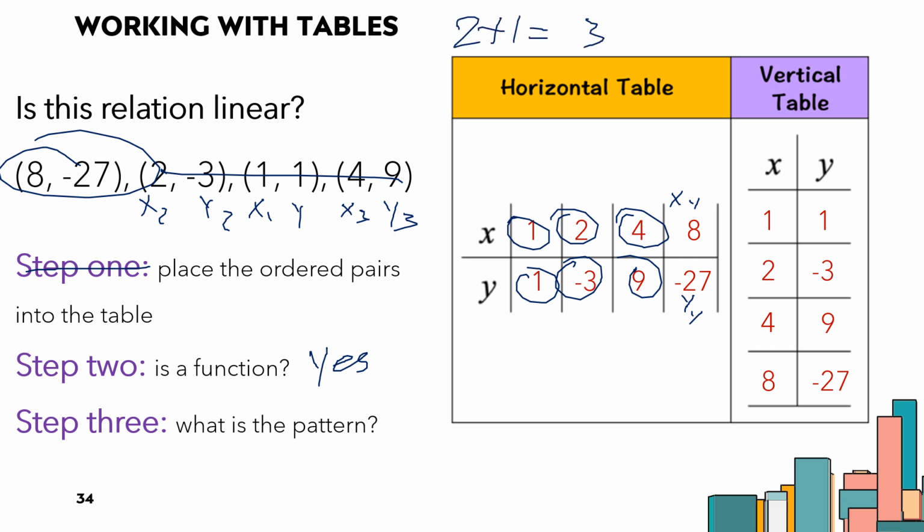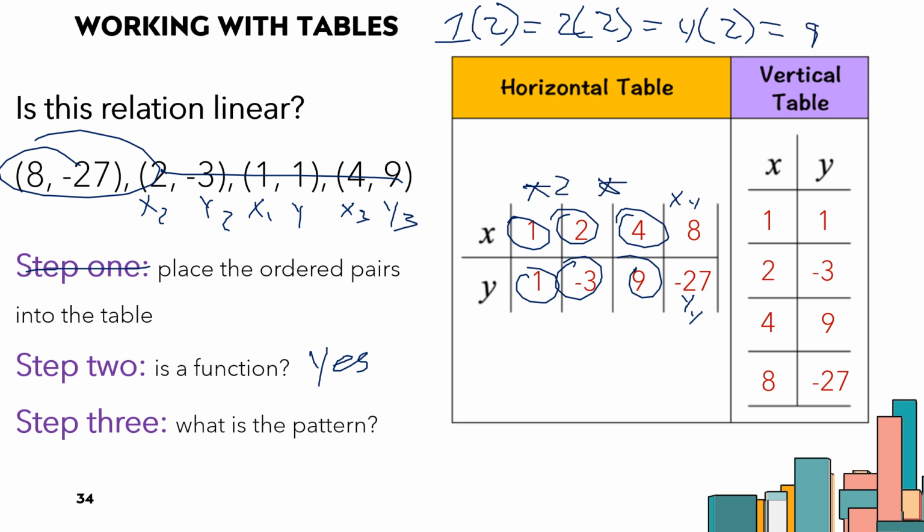Well, 3 is not 4, so that's not the right pattern. So let's try something else. What's another way to go from 1 to 2? That's right, multiplication. So if you do 1 times 2, well, that's 2. And then 2 times 2 is 4, and 4 times 2 is 8. So we know our x pattern is times 2.